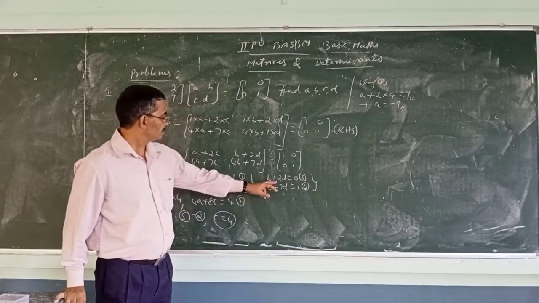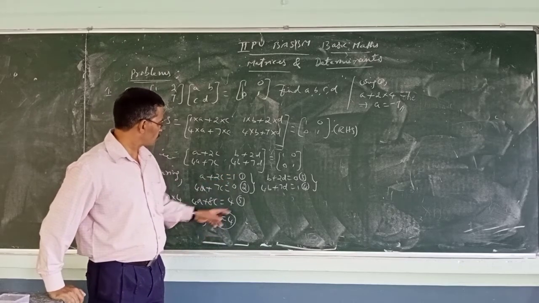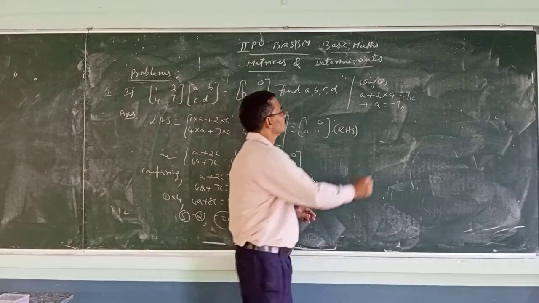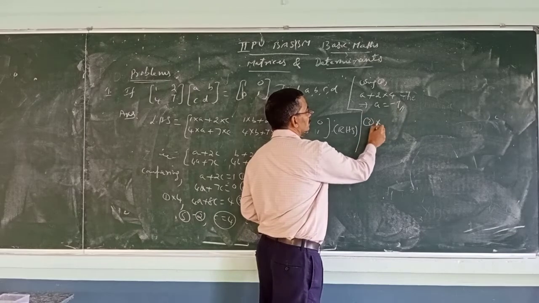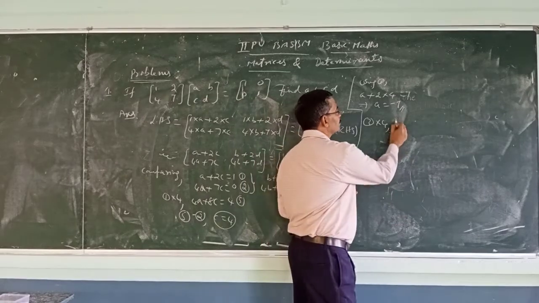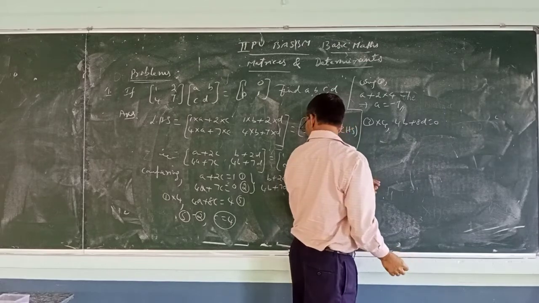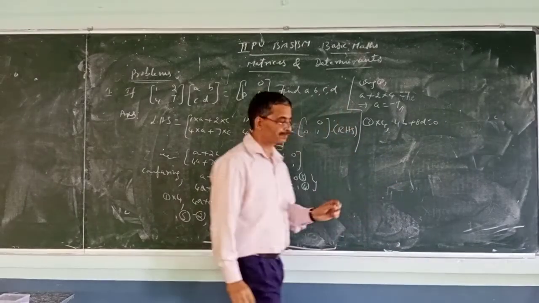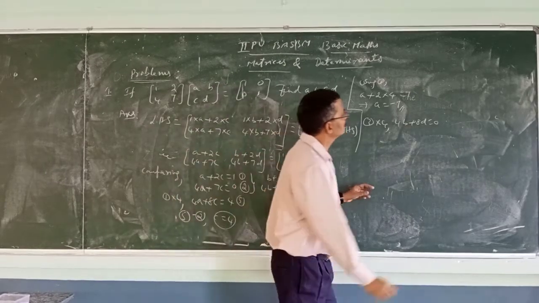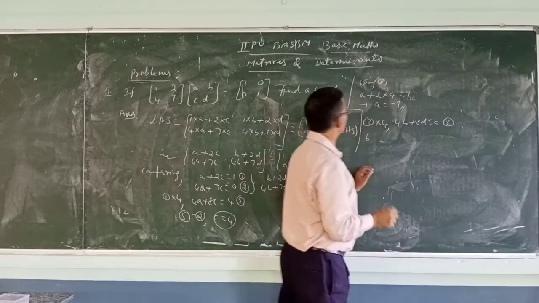Same way, use 3 and 4. Multiply equation 3 by 4, which gives 4B plus 8D equal to 0. Call it equation 6.